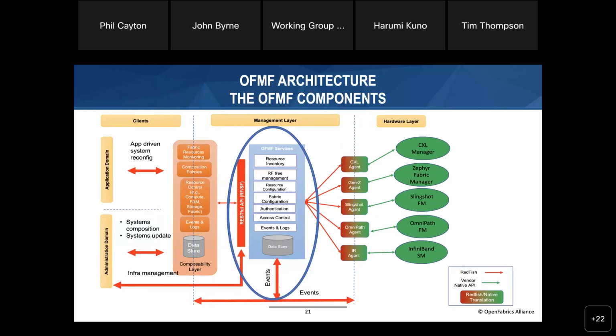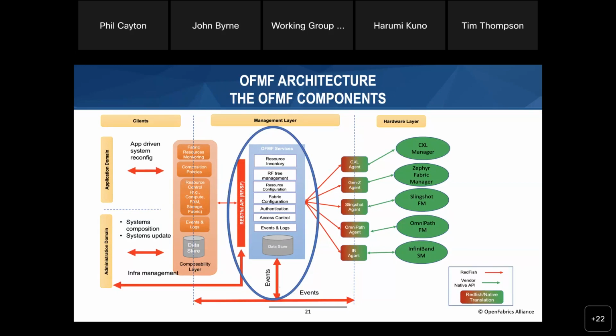So the OFMF has a resource inventory. It contains the resource configuration, what endpoints are connected to what resources, and the fabric configuration, for instance, if you have a fat tree or a dragonfly topology or whatnot.